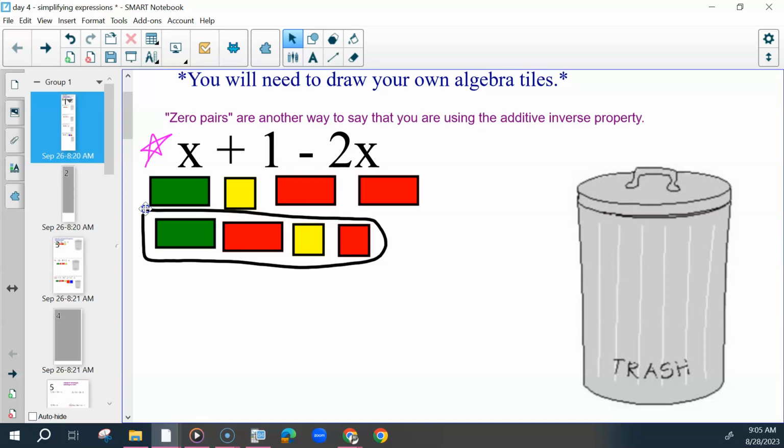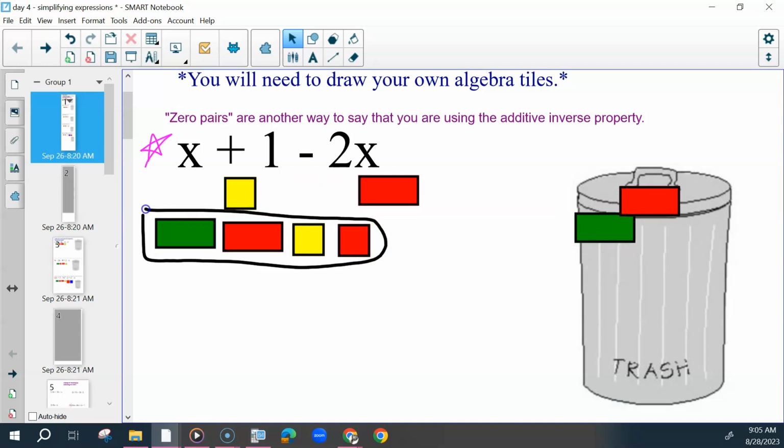Okay. So once you have that model, you're looking for zero pairs. Anytime you see a positive and a negative, you want to group those together and put them off to the side. That's your trash pile. They disappear. They became zero. So do we have a positive and negative zero pair? Yes. The x's.